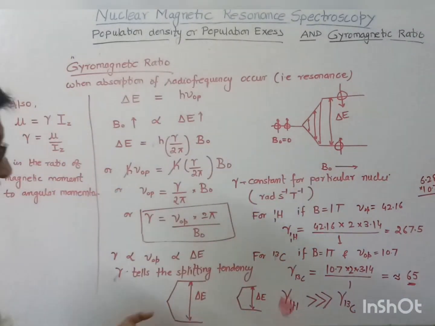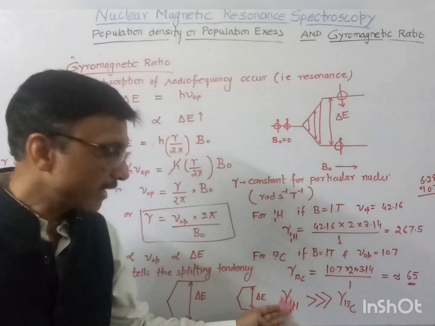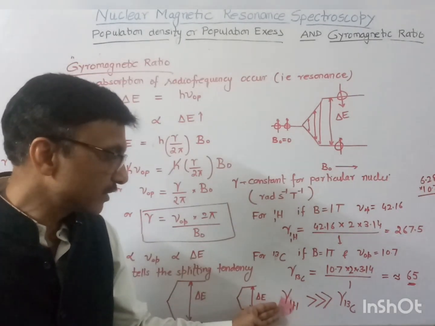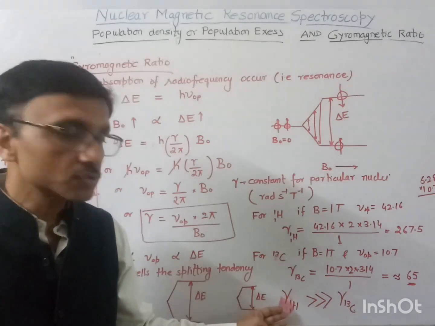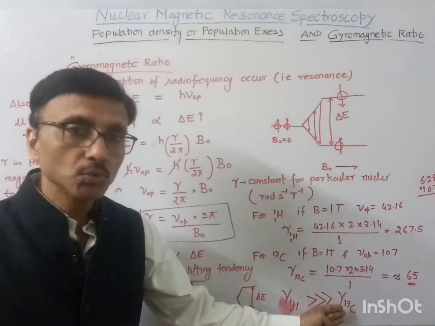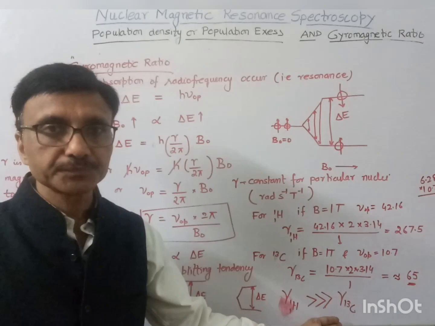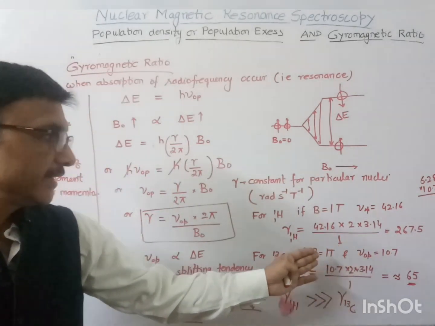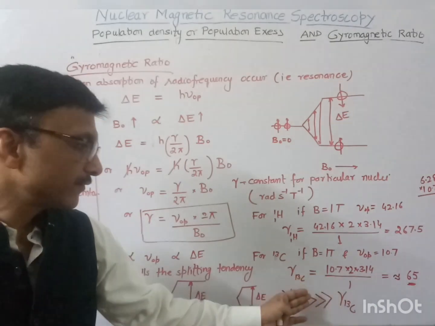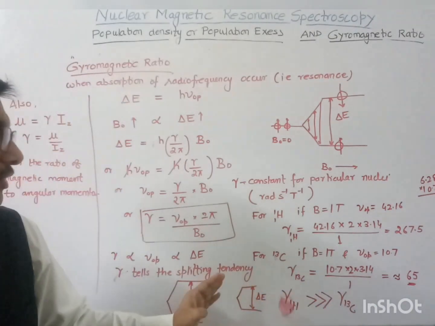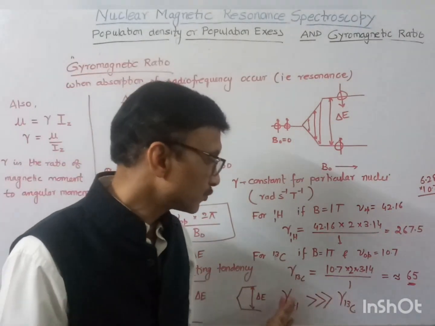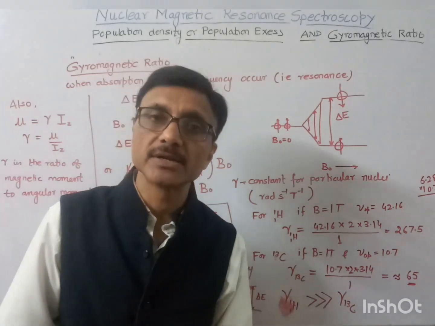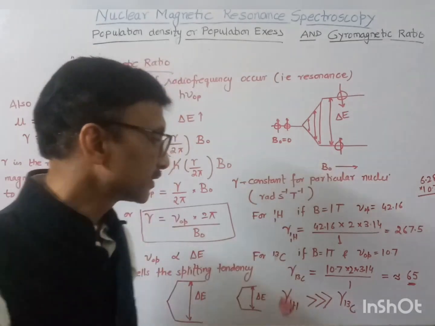It means the splitting is good, and the intensity of signal for the proton is also better in comparison to carbon 13. At 1 Tesla external magnetic field, the intensity of signal for the proton would be better than for carbon 13.